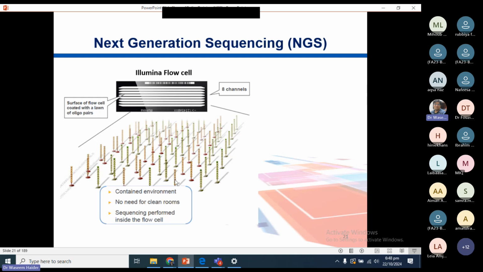On those channels, there is a lawn of primers. We are just seeing the cross section of these things. So on those lanes, these are the primers. The fragments go in and attach to those primers, and first they replicate, they multiply, they do PCRs, right, and they get multiple copies. Why?